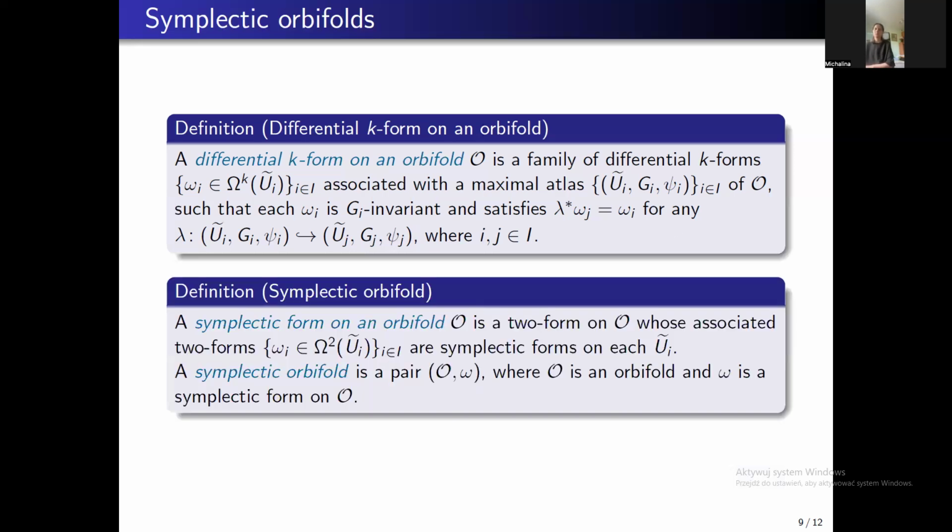And then a symplectic form on an orbifold will be a two-form on the orbifold, where the associated two-forms are just symplectic forms on each of the open subsets U tilde, and a symplectic orbifold will be a pair of the orbifold together with a symplectic form on it.